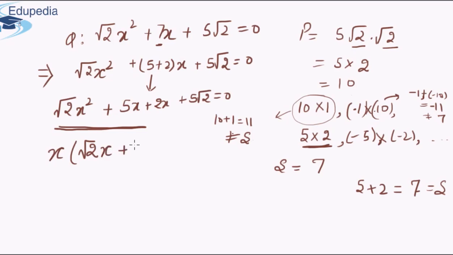For the second term, x is common and hence 5 is left. From the second pair, this 2 can be expressed as √2 into √2. Thus we can take √2 common from both terms and are left with √2x + 5 = 0.